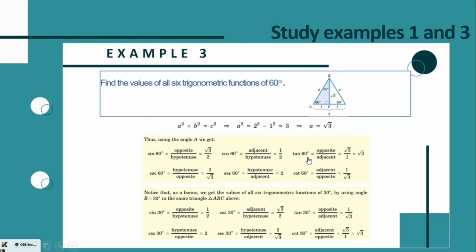Tangent 60 is equal to cotangent 30. Cotangent 60 is equal to tangent 30. Secant 60 is equal to cosecant 30. And cosecant 60 is equal to secant 30.